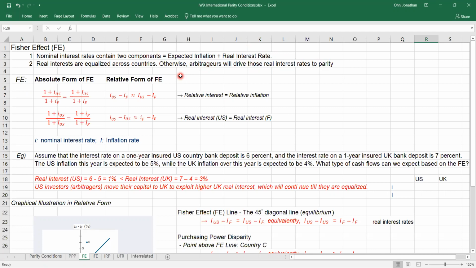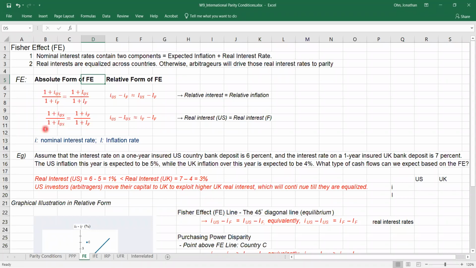All right, let me show you. The absolute complete form is this. Look at this. If you look at the second part, it's 1 plus i US, that's the interest rate, over 1 plus inflation. So nominal interest rate adjusted for inflation, what is that called? That's a real interest rate, right?